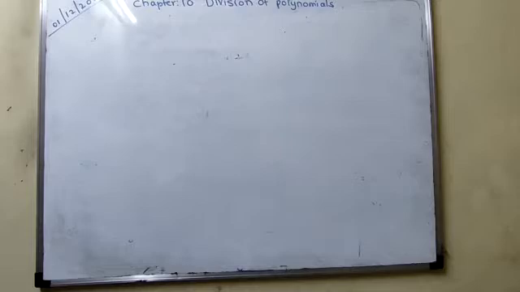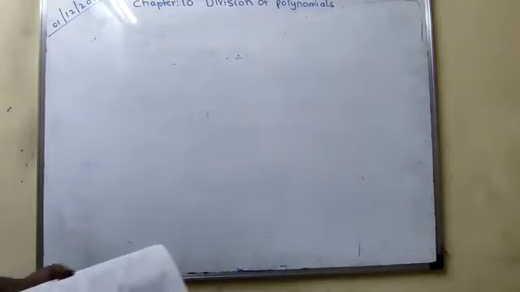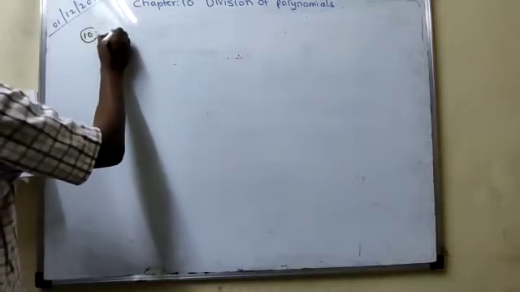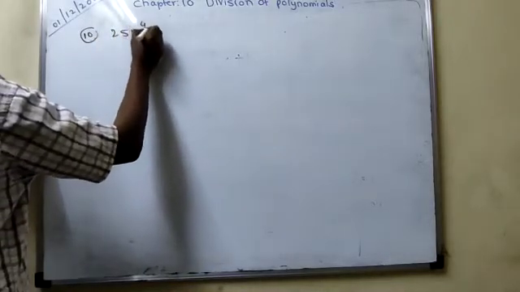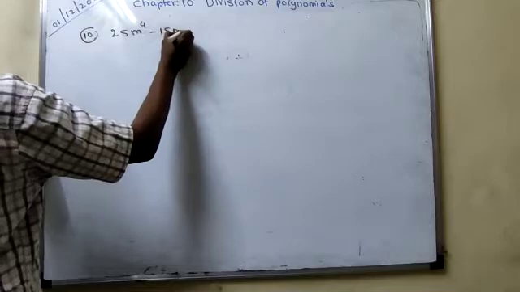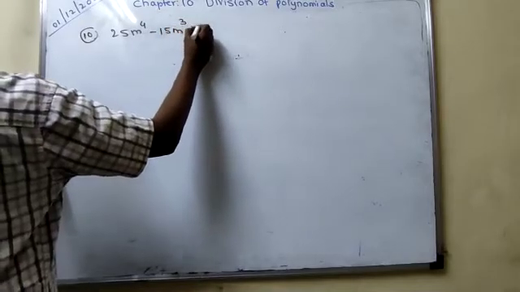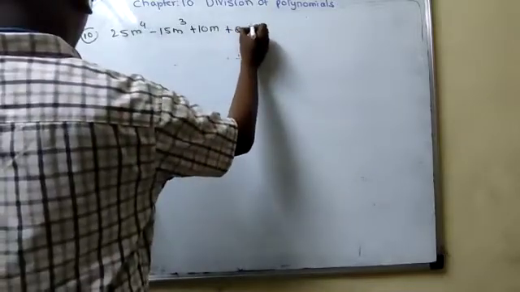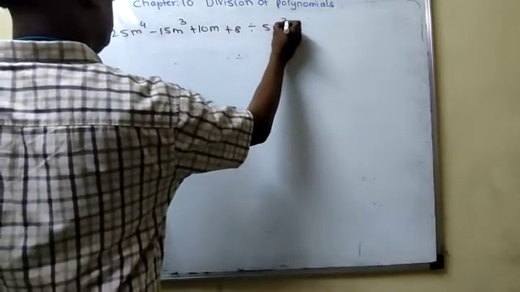It is given 25m raised to 4 minus 15m cube plus 10m plus 8 divided by 5m raised to 3.